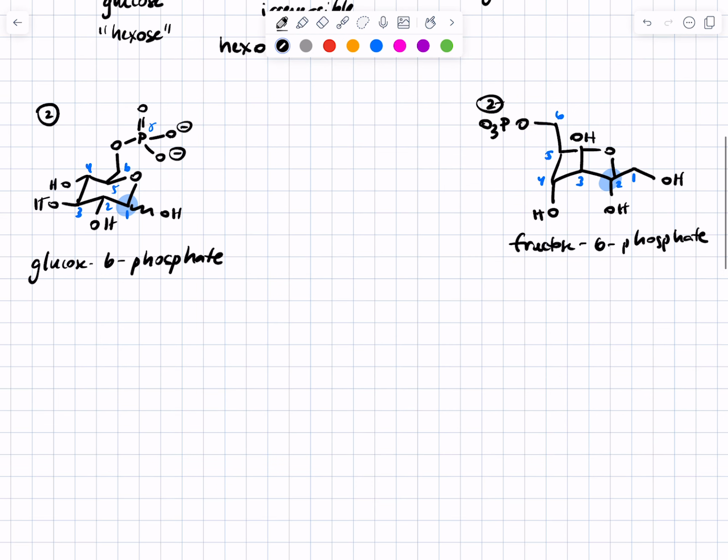I'm not going to, and we'll just draw them in the shape that resembles where they're at now. I'm not going to draw the ring opening mechanism. You've seen that before and should be able to do it. Glucose becomes an aldehyde.